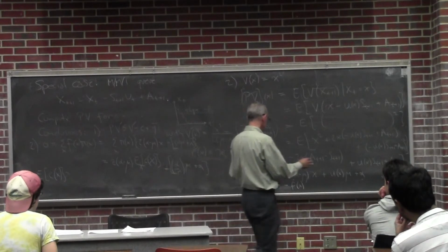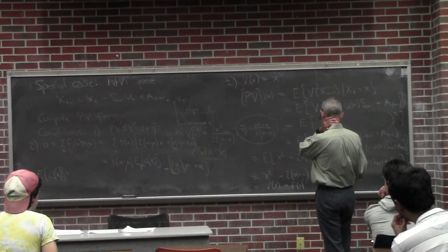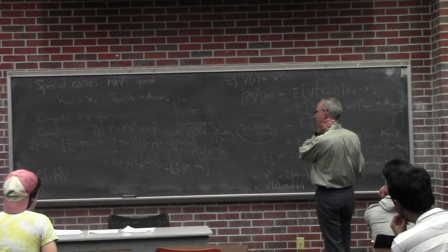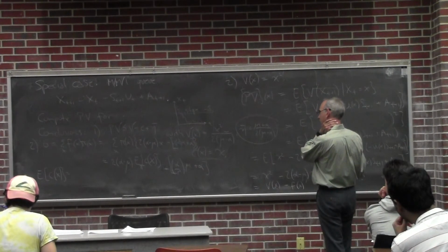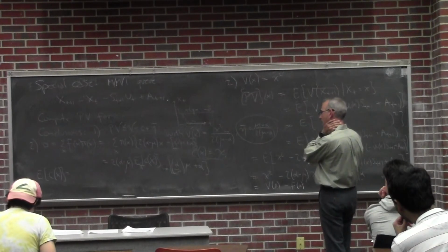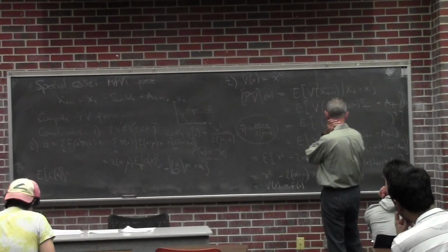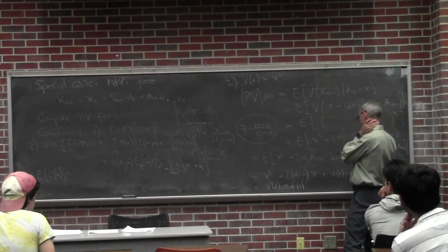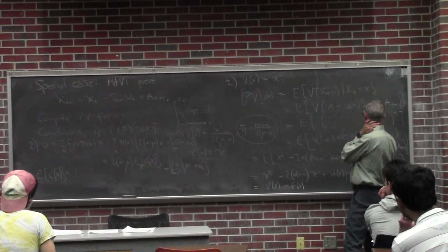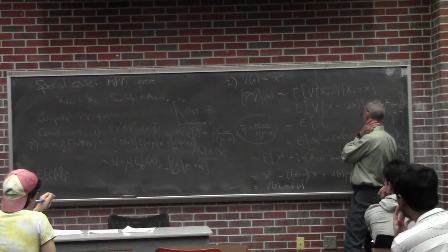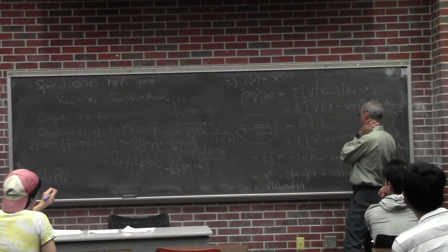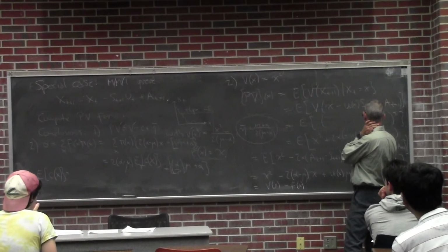Yeah. If this is minus f, there's a sign error somewhere. Isn't there? Somebody help me out. Let's see. Where's the sign error? That's positive. That should be alpha. There's a sign error somewhere, because I shouldn't have flipped things around.